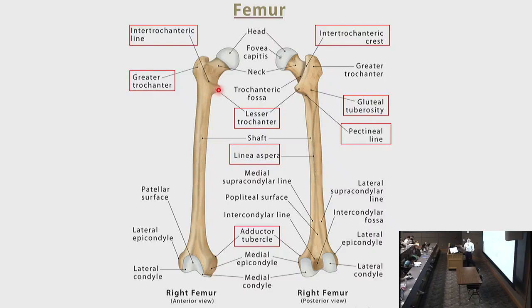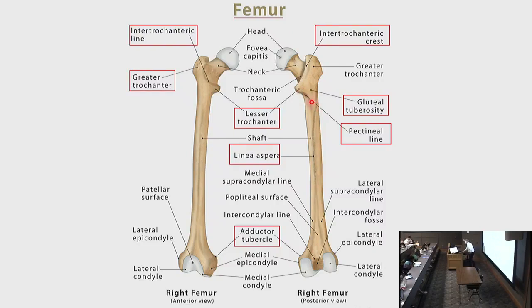On the posterior side of the femur, how I look at a femur and know that I'm looking at the posterior side is I'm looking for this line right here. Linea aspera, this is going to be the site of origin and insertion for a lot of different muscles. If I move superiorly, I've got my gluteal tuberosity, which is where what muscle inserts? Glute max, right? It says in the name, glute. And then the pectineal line right here, which, believe it or not, is where your pectineus muscle is going to insert.